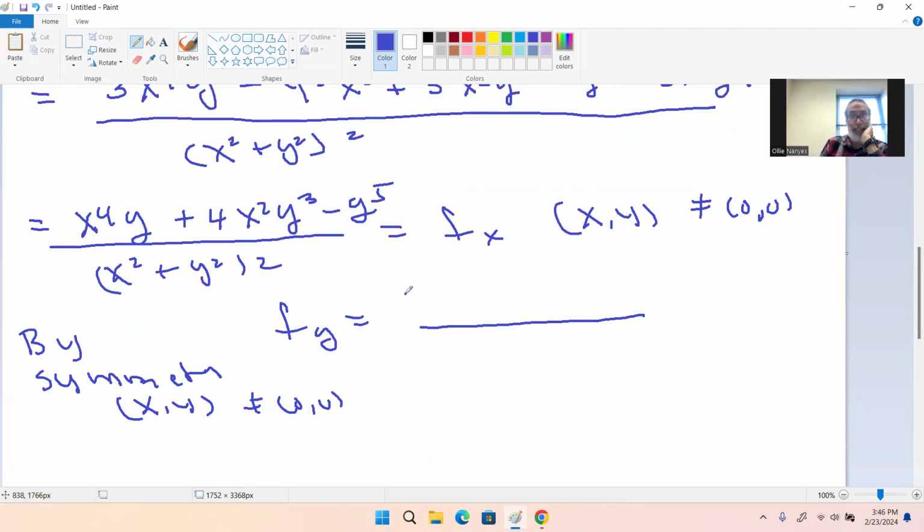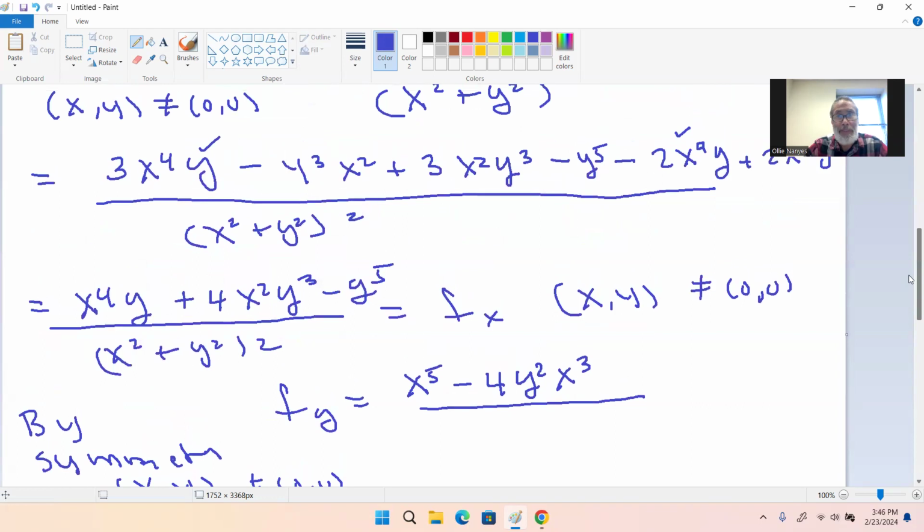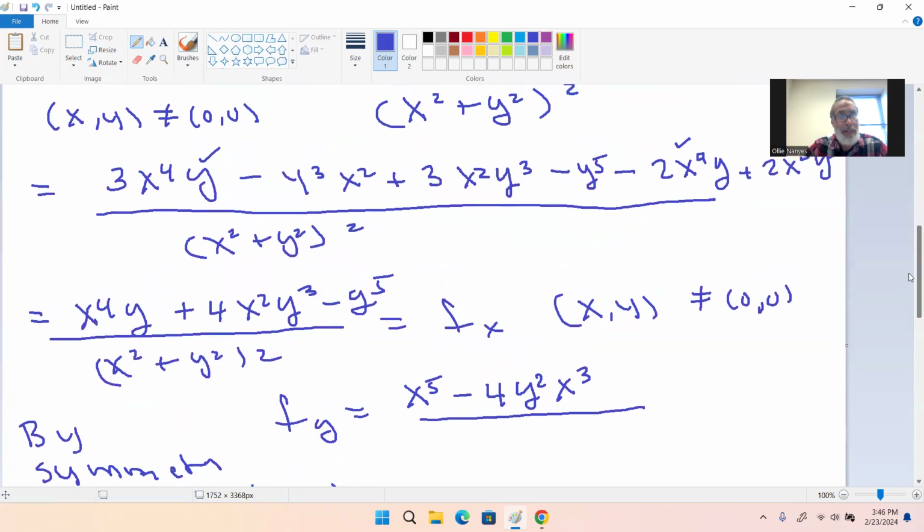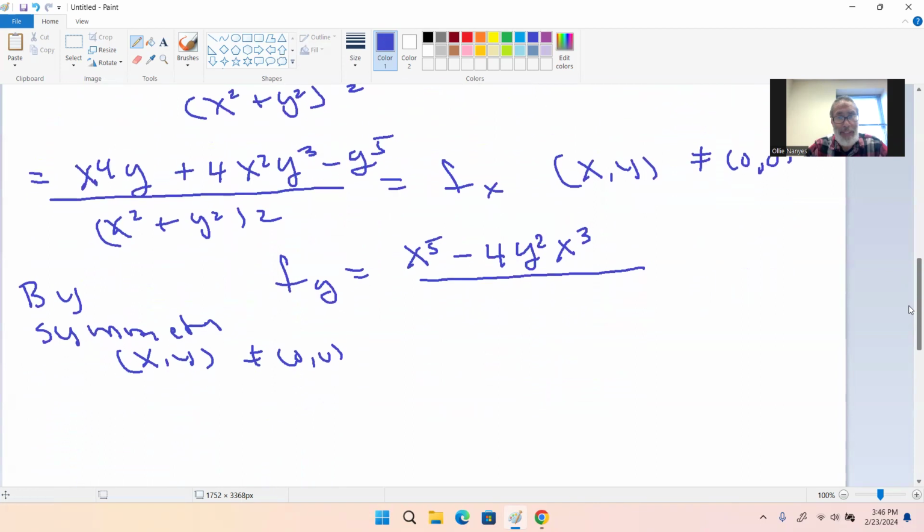So this will be x to the fifth. And this part here would be minus 4 y squared x cubed. And let's see here, did I make a sign error? So we have a minus 2x fourth. Yeah, no, I didn't.